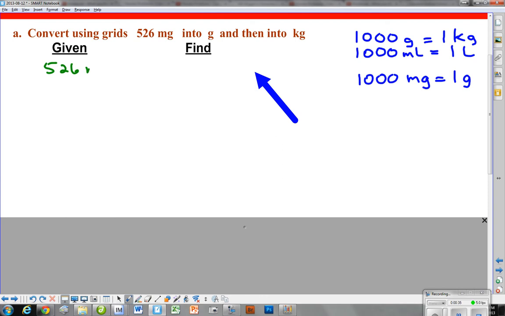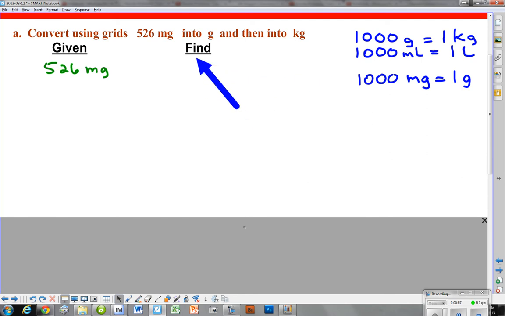526 milligrams. So I take my 526 as the given, and it says here that I'm supposed to convert it first of all into grams, and then I'm going to take it to kilograms. And I can do this all in one step, which is really nice.